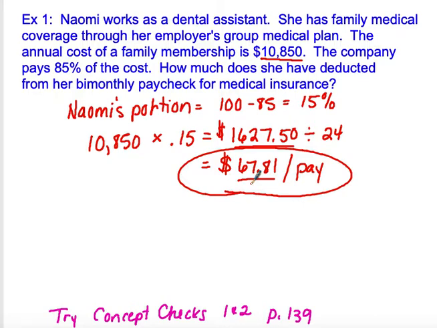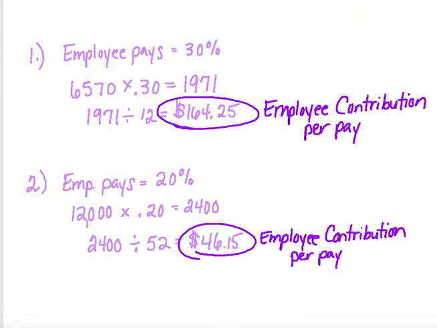So now I want you to pause the video and look in your textbook on page 129 and try concept checks 1 and 2. Once you've completed those, go ahead and play the video and check your solutions with my work. So here are the solutions for 1. The employee pays 30%. That gives an annual cost of $1,971, and getting paid monthly, the employee's contribution is $164.25.